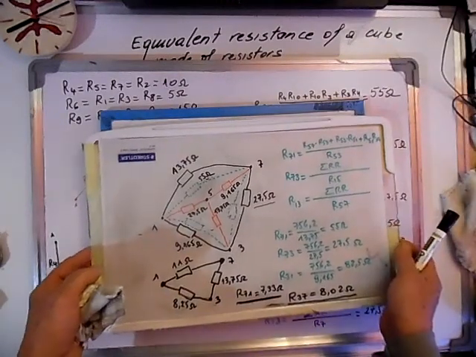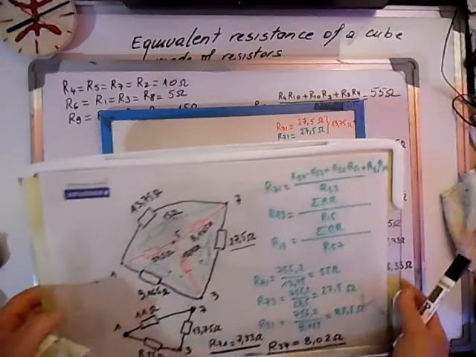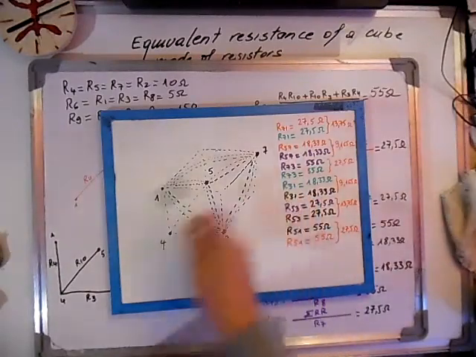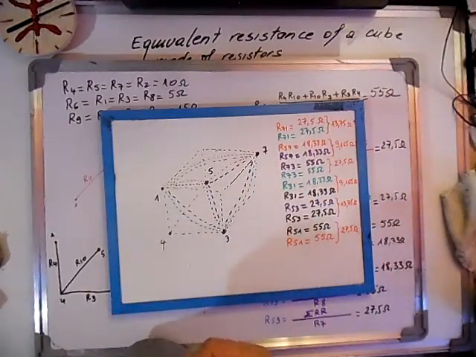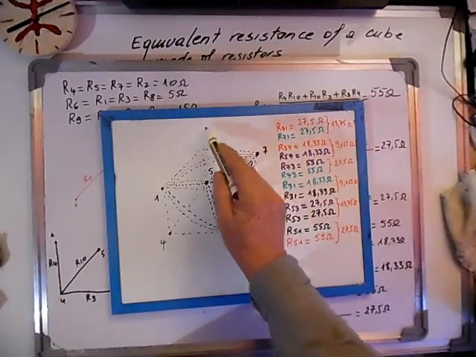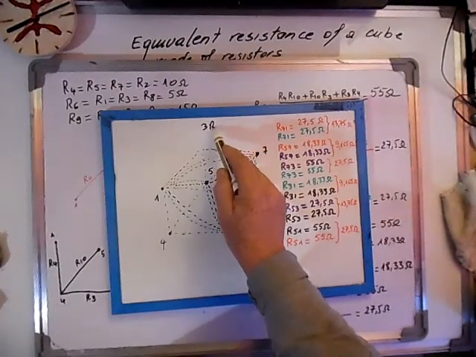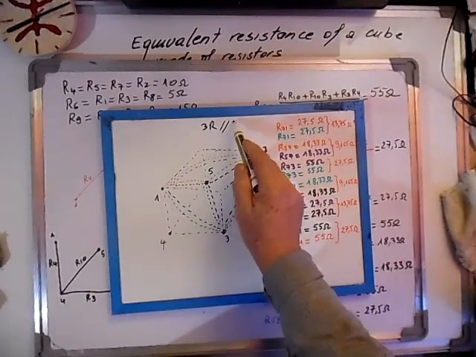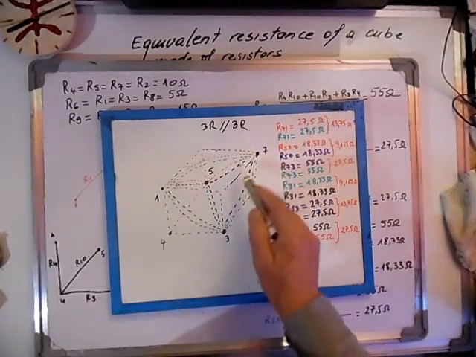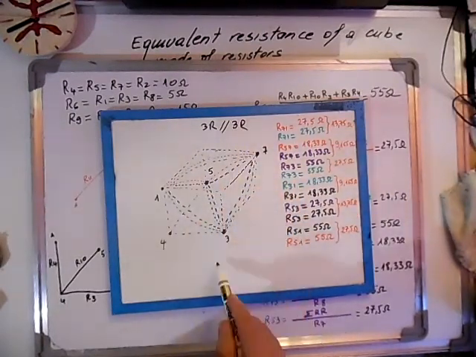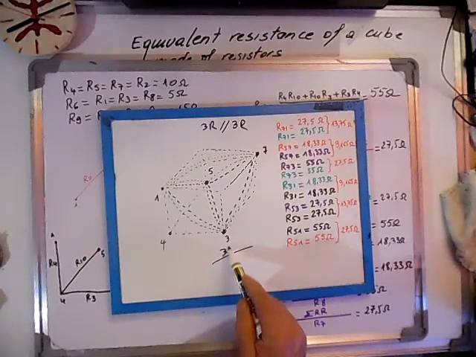Now what I want to do is suppose that we have equal resistances. If we have equal, it means that here the red one will be equal to 3R, the green one is 3R, in parallel, everywhere we will have 3R over 2. Here we will have 3R over 2.